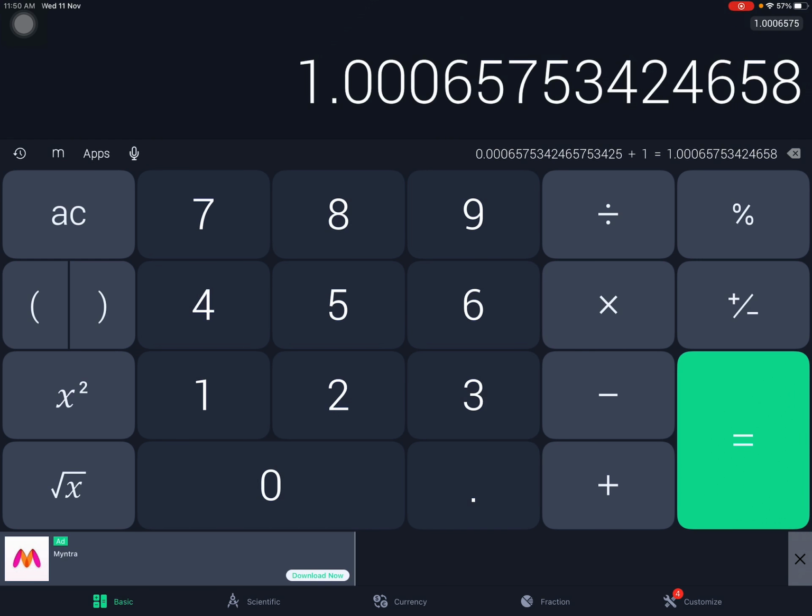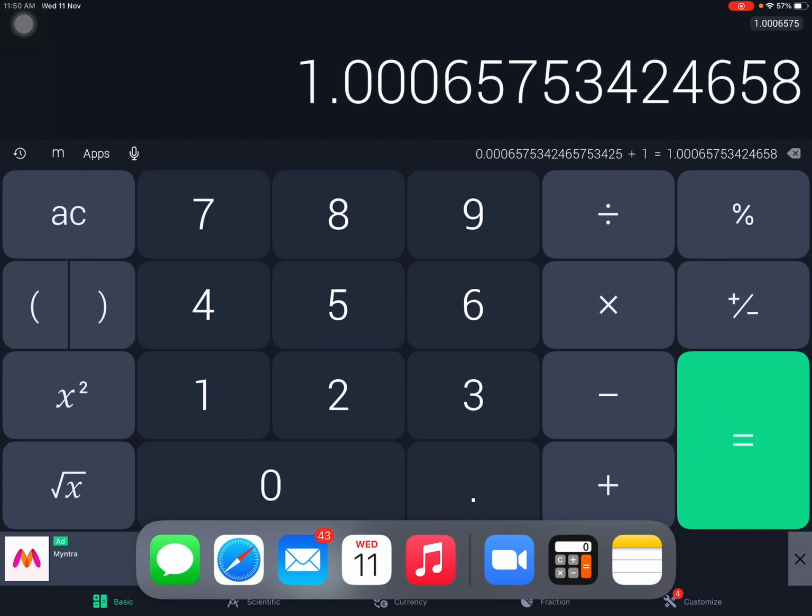So we'll take 4 decimals. It is 1.00065, so 4 decimals means 1.000, and for 65 I will write 7.